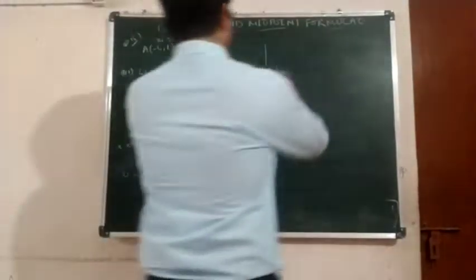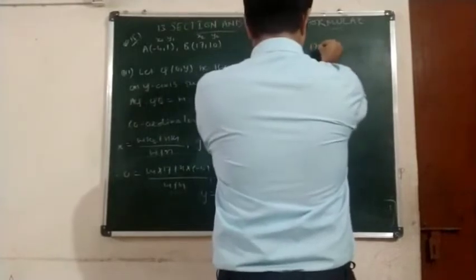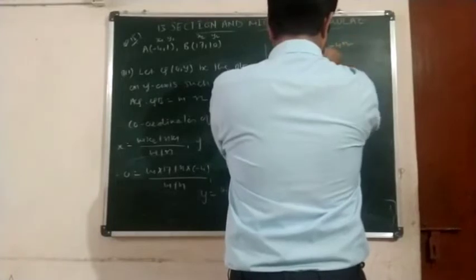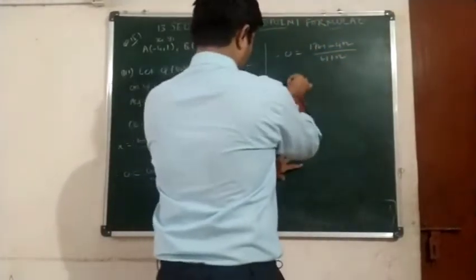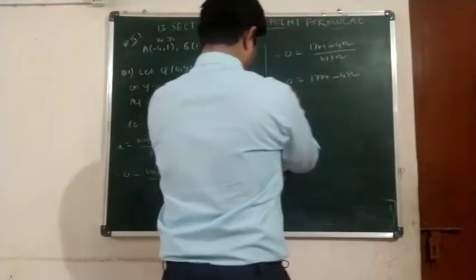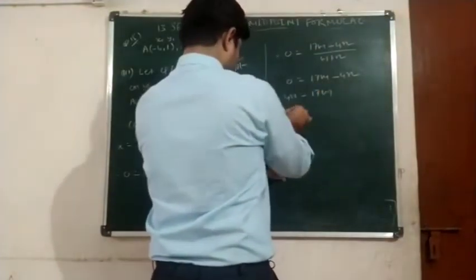Okay, and therefore 0 is equal to 17m minus 4n upon m plus n. Therefore 4n is equal to 17m.